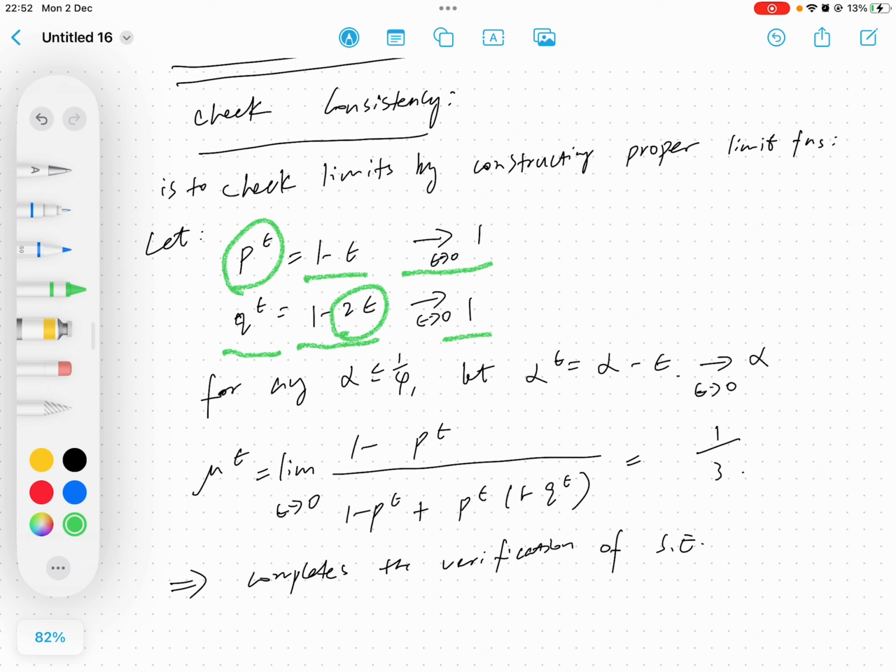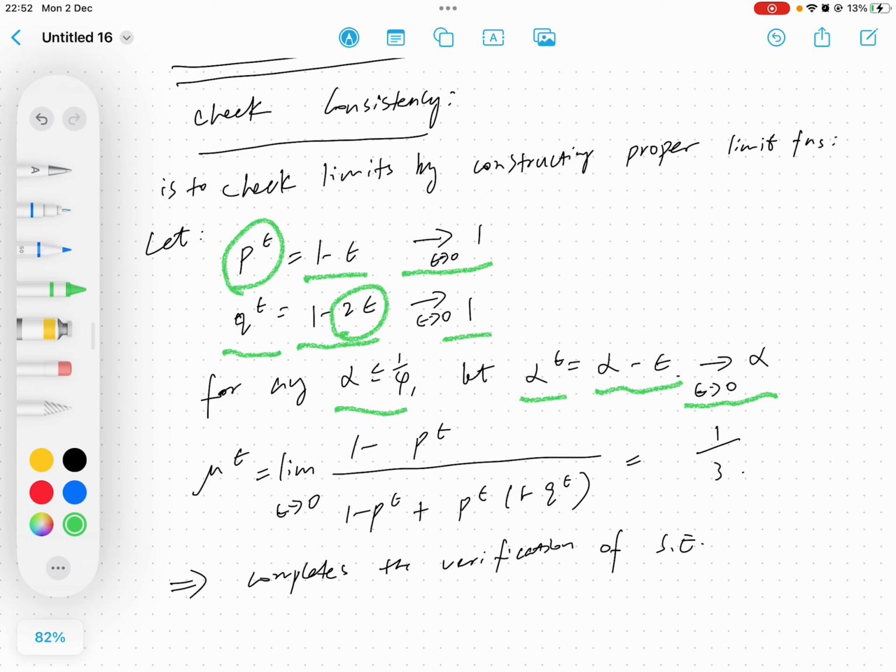And we also have this alpha. For any alpha which is not bigger than a quarter, we define alpha epsilon to be alpha minus epsilon, and as epsilon goes to 0, this converges to alpha. Good.